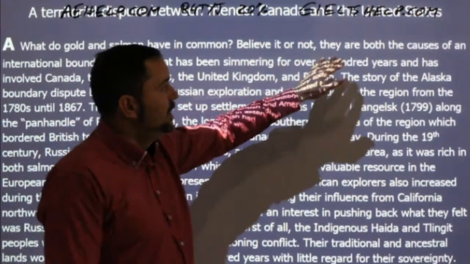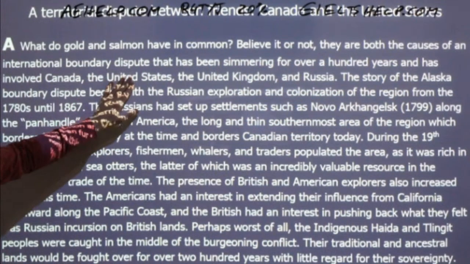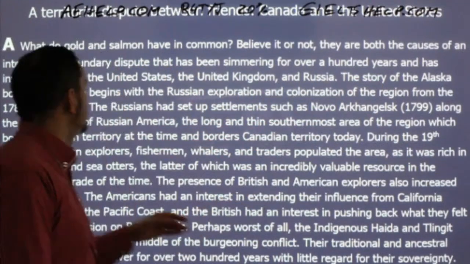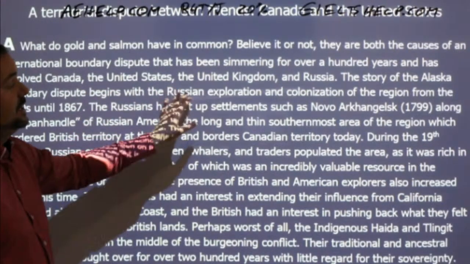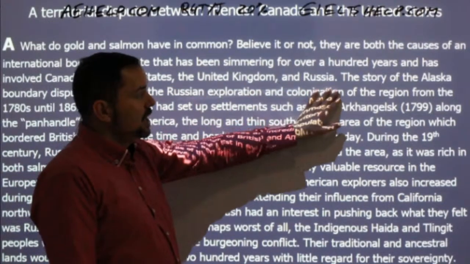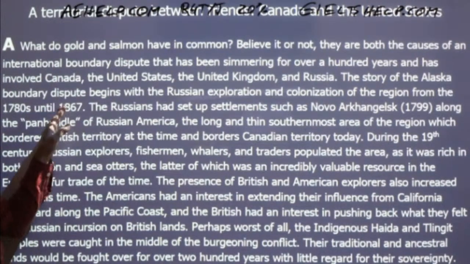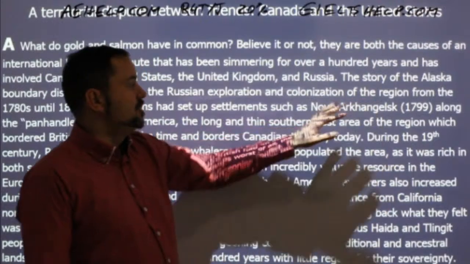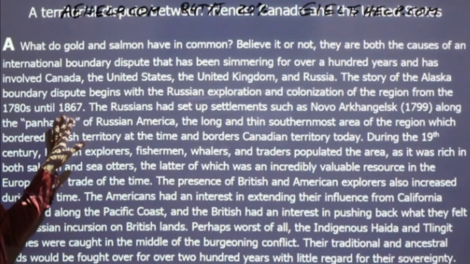Believe it or not, they're both the causes of an international boundary dispute that has been simmering for over 100 years and has involved Canada, the United States, the United Kingdom, and Russia. The story of the Alaska boundary dispute begins with the Russian exploration and colonization of the region from the 1780s until 1867.